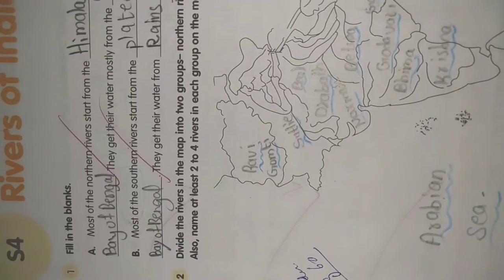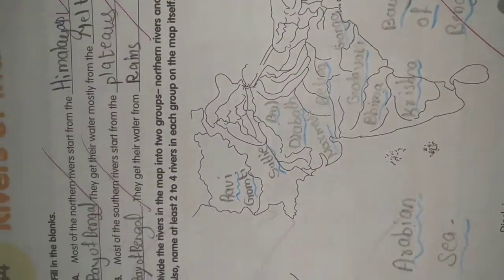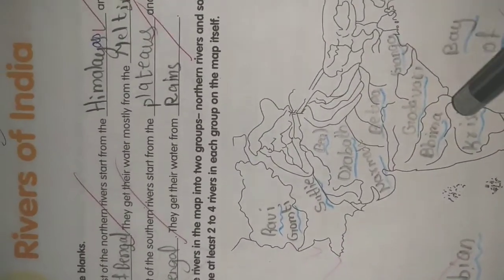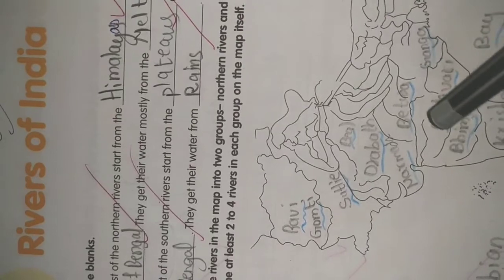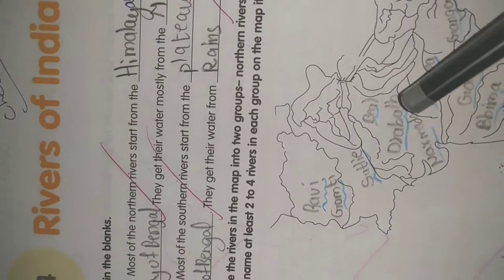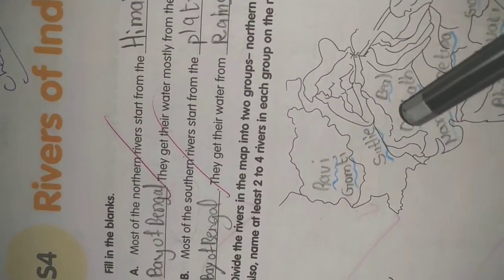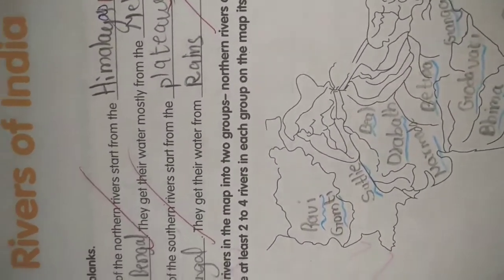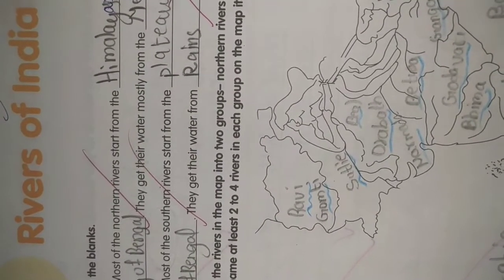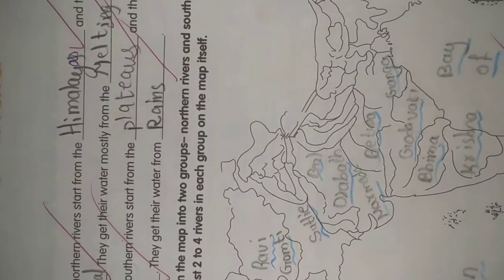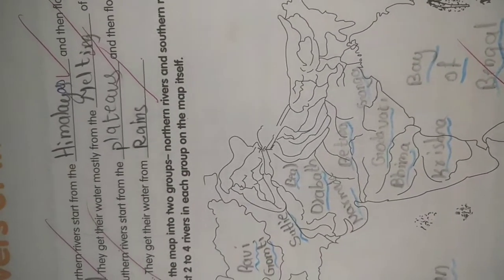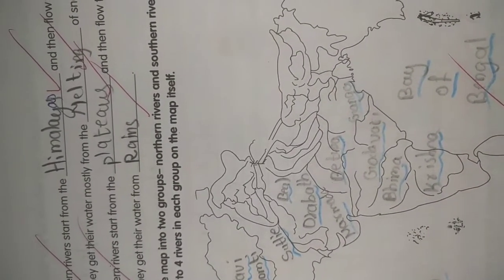This is Bay of Bengal, this is Arabian Sea, here Godavari, Bhima, Krishna, Ganga, Betwa, then Satluj, Gomti river, Narmada. Children, you can see from your reader also. See the reader page number 60, and you can see and mark it up. Okay, all the best.